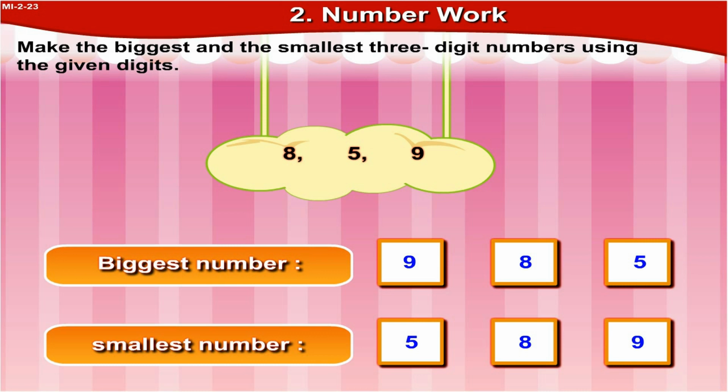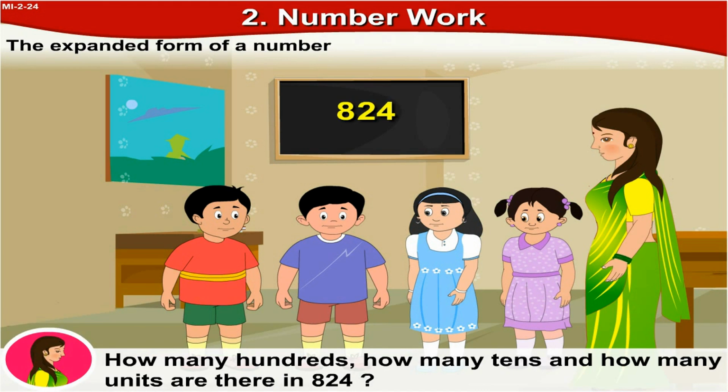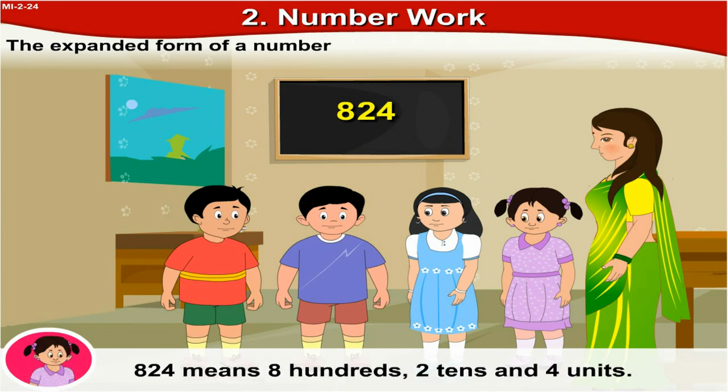The expanded form of a number. Kids, how many hundreds, how many tens, and how many units are there in 824? 824 means 8 hundreds, 2 tens and 4 units. Exactly.